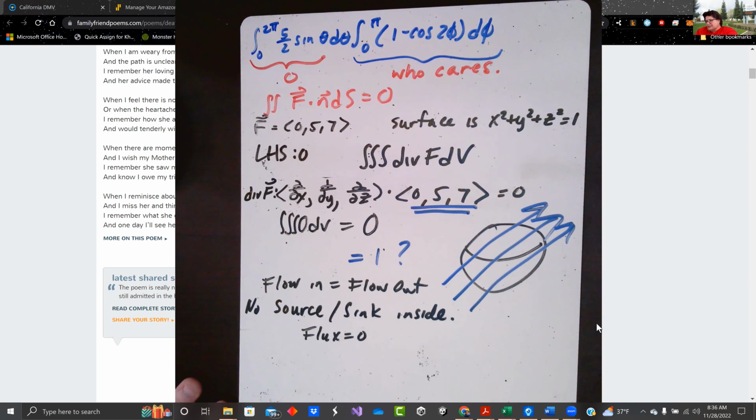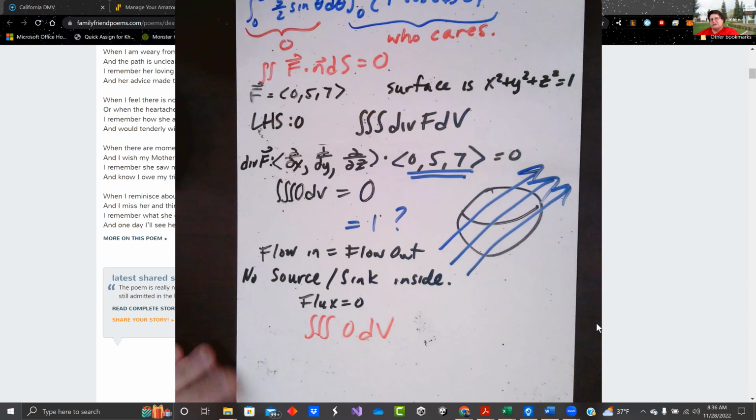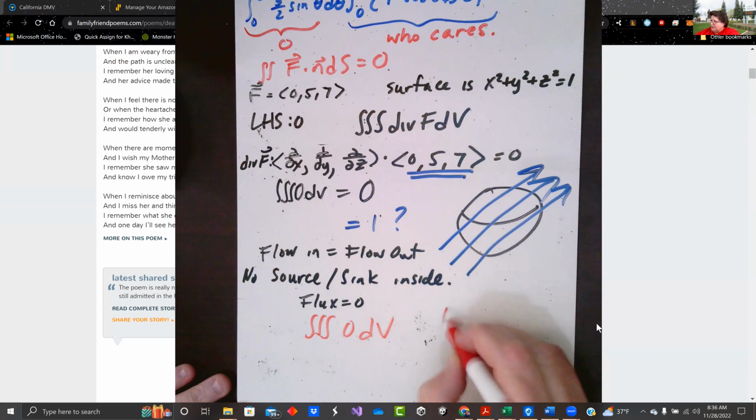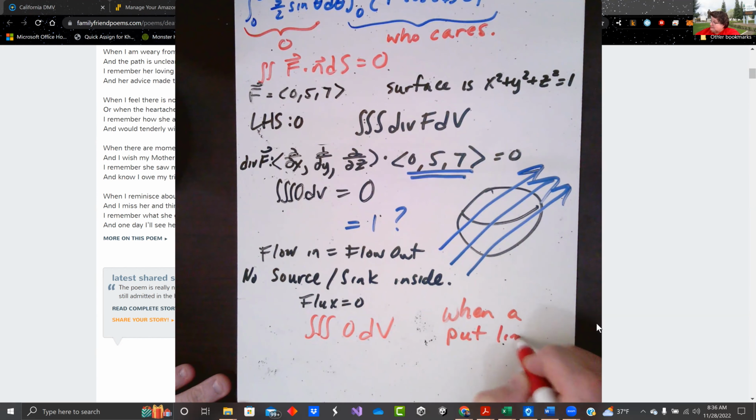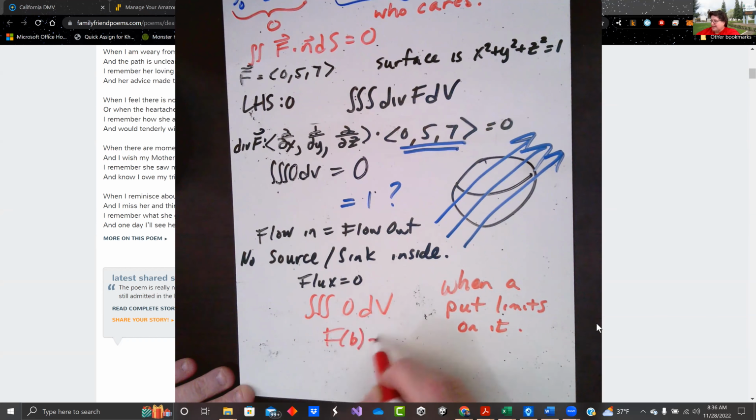And another reason that's more mathematically based: this was 0 dV, but if I put any limits of integration on it, it's not going to do anything to it. When I put limits of integration on it, it cancels out. Every single integral is going to have F of b minus F of a, and every single one of those is going to be c minus c equals 0.